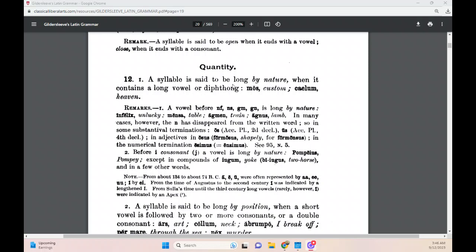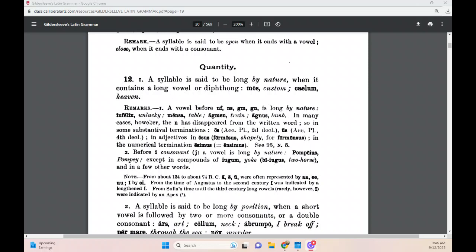A syllable is said to be long by nature when it contains a long vowel, as in mos, or a diphthong, as in che, a long syllable because it contains a diphthong. All right, that's rule number 1.